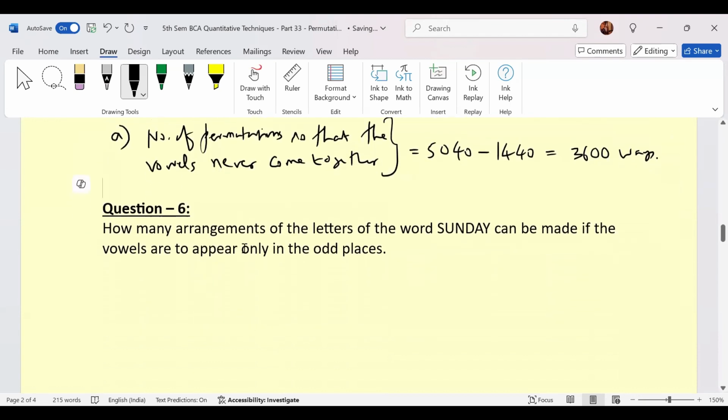How many arrangements of the letters of the word Sunday can be made if the vowels are to appear only in the odd places? Sunday has got 6 letters in it: 1, 2, 3, 4, 5, 6.